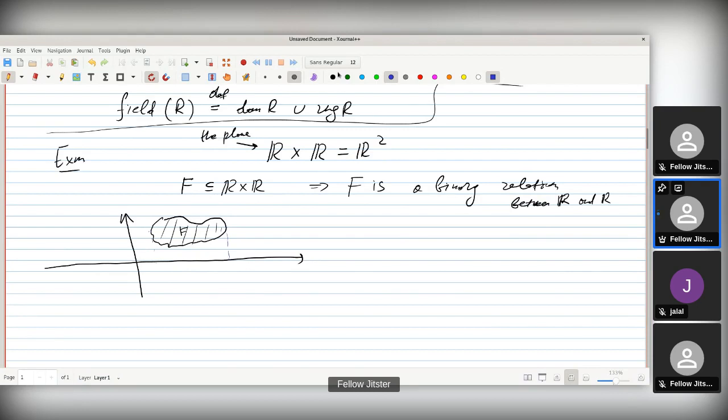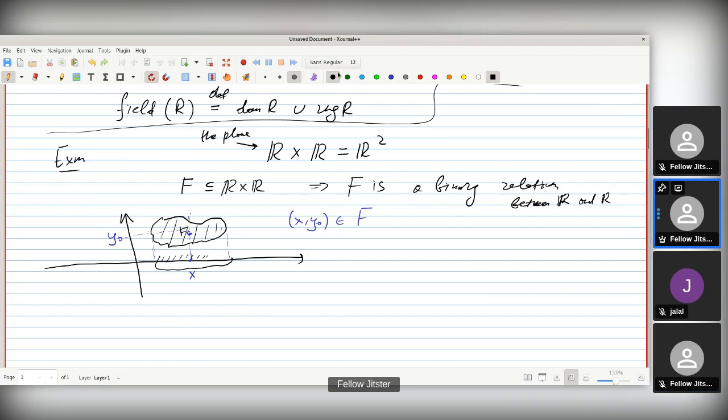Its domain is the set of all such first coordinates x for which at least one y exists such that x, y belongs to F. Is it clear? Yes.